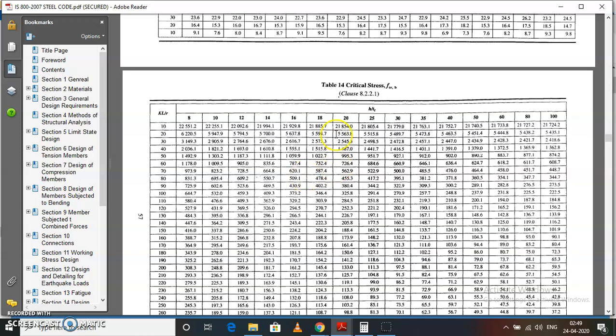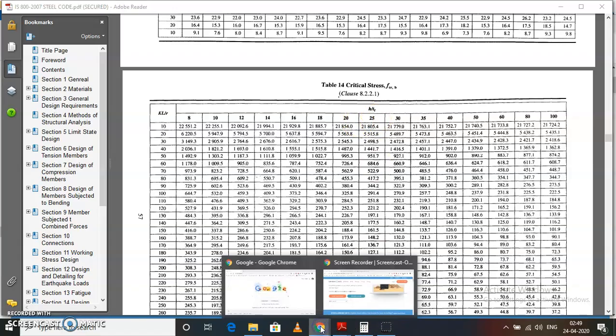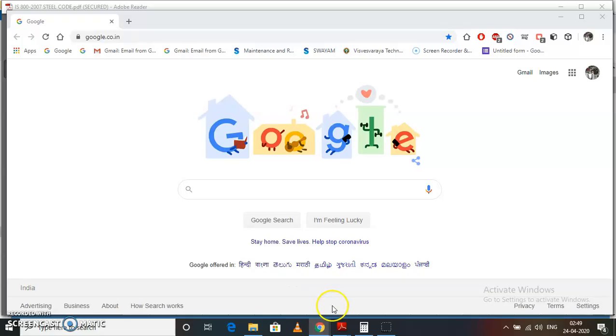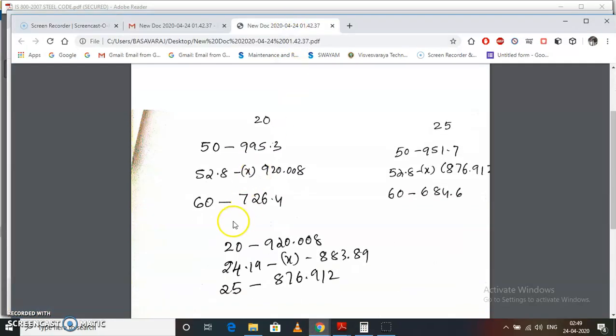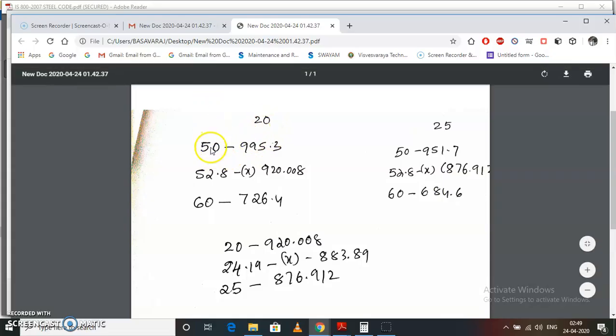When KL by r is 50 and h by tf is 20, the fcr value is 995.3, and when it is 60, it is 726.4.